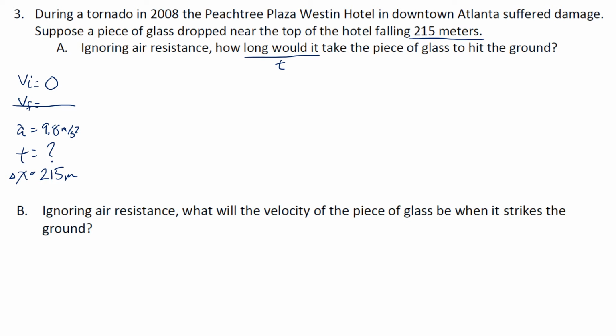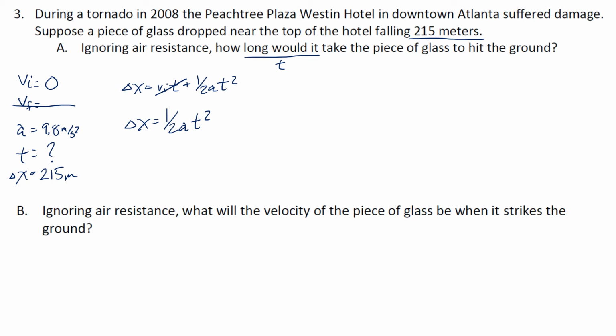We're going to use the equation delta x is equal to v initial times t plus 1/2 at squared. This is one of the equations we've been using quite a bit, so you should have memorized it by now. And notice, because v initial is 0, we could just cross that out. That guy's gone. That means delta x is equal to 1/2 at squared.